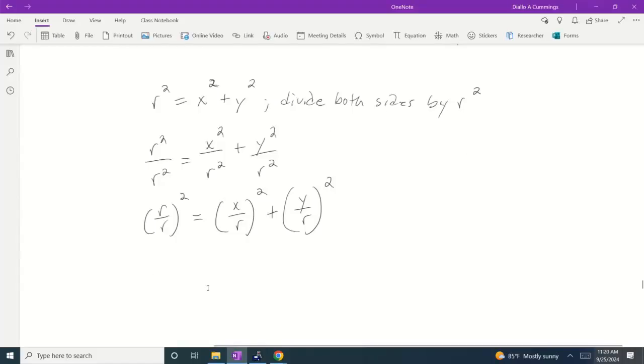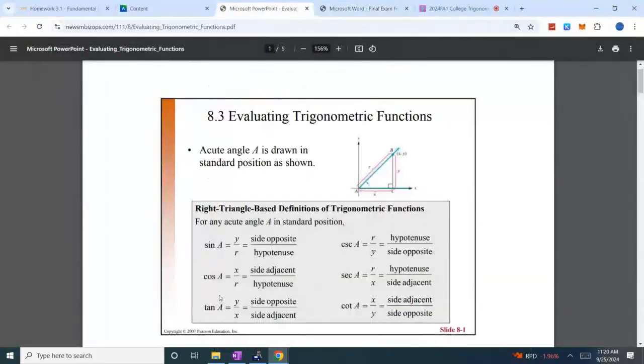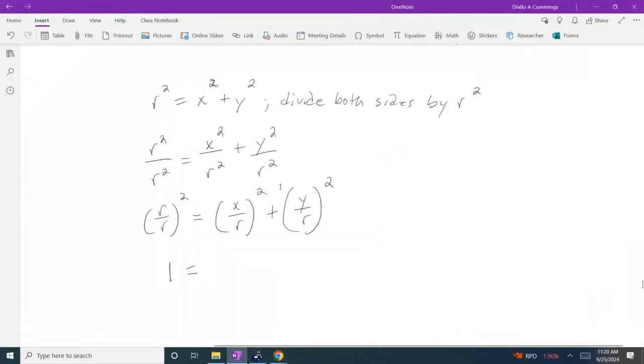So I just simply divided both sides by r squared. So now here's where the sine and cosine pop out. If I look on the left-hand side, anything over itself is 1. So r over r is 1, and 1 squared is 1. If I look back at my relationships, x over r is actually what? X over r is cosine. So I'm going to replace x over r quantity squared with cosine squared theta.